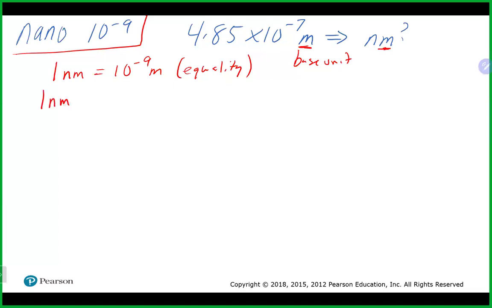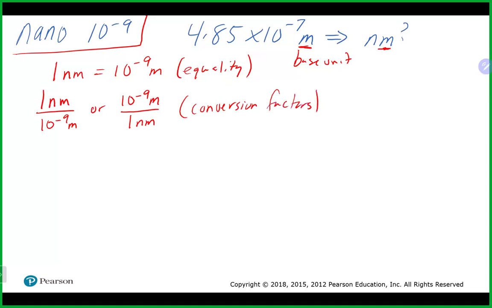So 1 nanometer over 10 to the minus 9 meters, or you could do 10 to the minus 9 meters over 1 nanometer. Basically, we're just making two fractions. One goes on top and the other goes on the bottom, and you just flip it around. These are our two conversion factors. Any questions on that there?